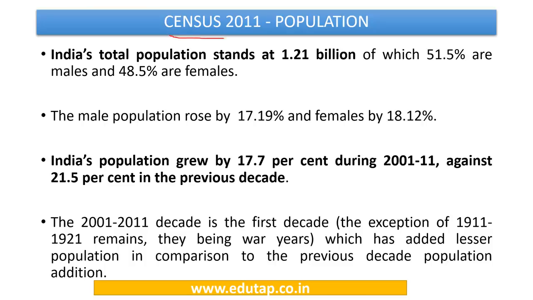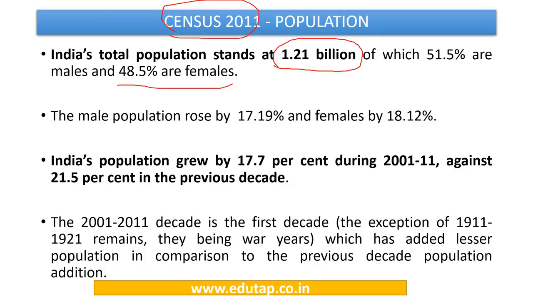Now, as per the census 2011, India's total population is around 1.21 billion, of which around 51.5% are males and around 48.5% are females. This is just an approximate proportion, and somewhere it is written 51.4, somewhere 51.6. So you just have to take an idea that around 51.5 are male and 48.5 are female.